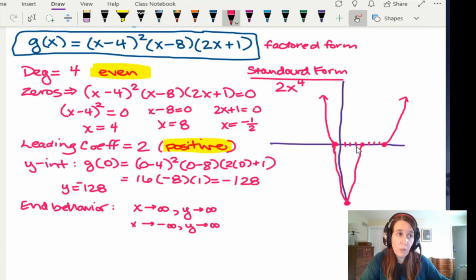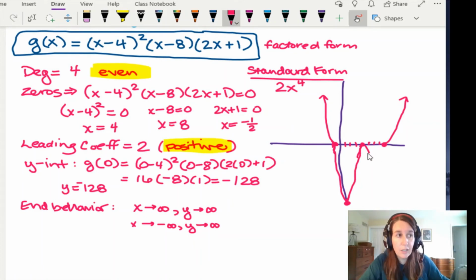So what's happening at x equals 4, though, is a little bit special, okay? Because it's x minus 4 squared. Think about what a quadratic looks like, right? Think about what a parabola looks like, here or here. At this 0, this turns and goes down again. Okay?